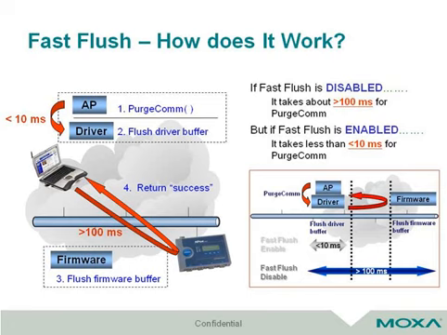Nport's firmware will return success only when its buffer is empty. It takes about hundreds of milliseconds for the purge command. But if Fast Flush is enabled, it will directly flush the driver buffer without querying Nport's firmware. It takes less than 10 milliseconds for the purge command. From this page, you can understand that enabling Fast Flush will reduce the processing time.